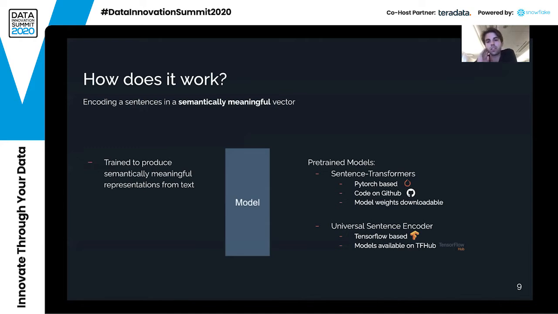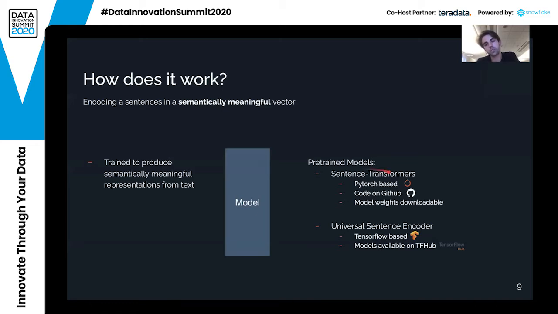Otherwise, there are two pretty good pre-trained models that I think are fairly good baselines if you don't have data yet or not at all, or if your problem is a very general problem, so if your sense of similarity is not very specific to your problem.